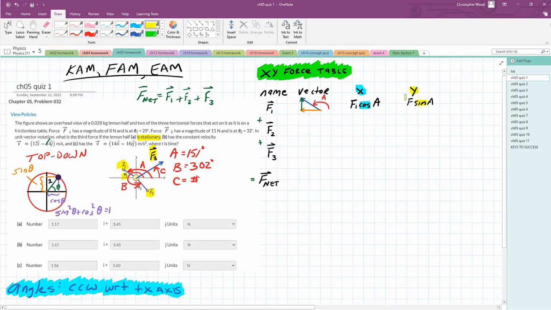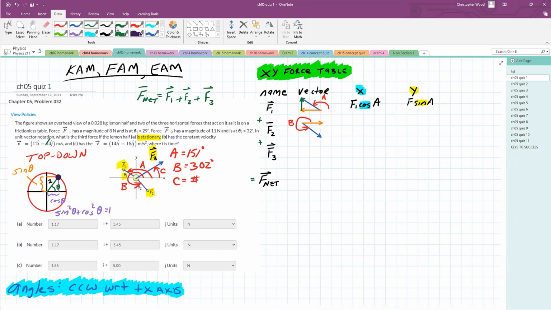Let's go to F2. F2 is my second vector. F2 is in quadrant 4. So there's F2. Here's angle B. Angle B starts at the plus X axis and goes counterclockwise. So this is angle B. And once again, it's the same methodical approach. I need to find this X component, and I need to find this Y component.